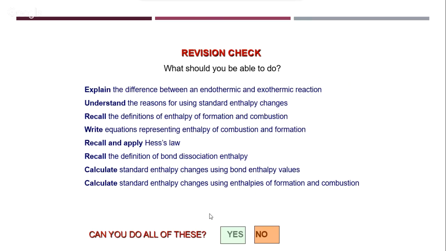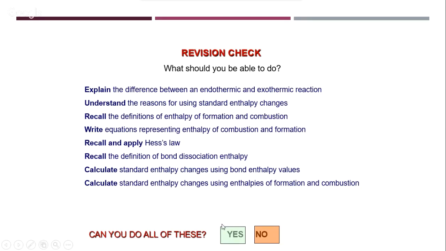Please recall all the definitions. You can actually say a yes or no on this. If you have really understood this chapter and this presentation well, you should be able to do all of these things that I've written here, and you can mention whether it's a yes or a no. Now, we have understood the reasons for different changes in enthalpies and what enthalpy depends upon. How is it connected to the first law of thermodynamics, as well as the change in heat and the change in work.